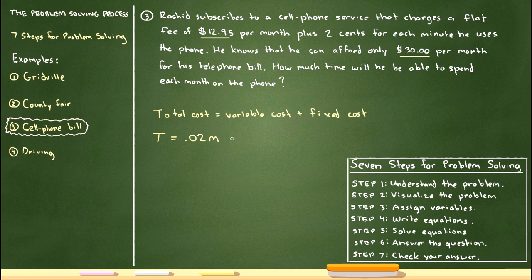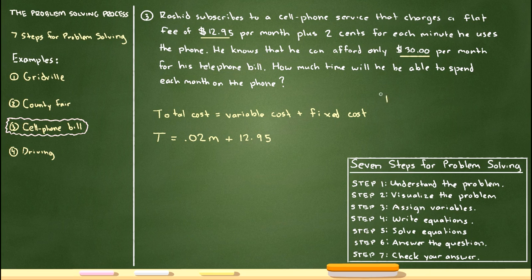Now what's our fixed cost? Well, no matter what, he's being charged $12.95, right? So we're going to go ahead and add in 12.95. That's already in dollars, so that's fine. Okay, so there's one equation, right? Total cost is 0.02M plus 12.95.